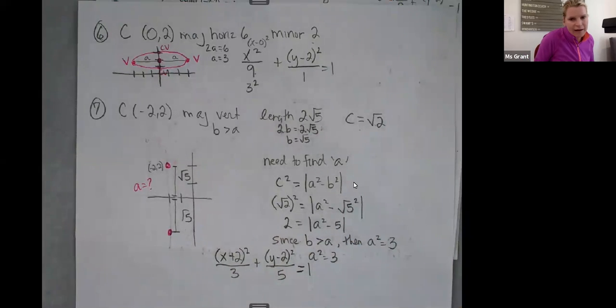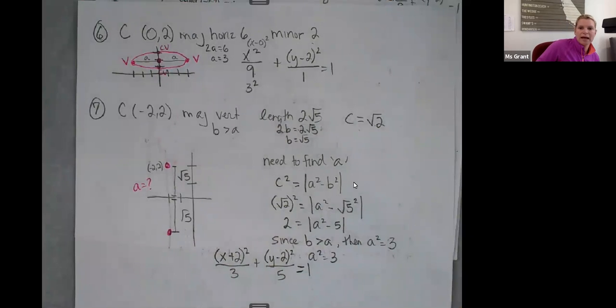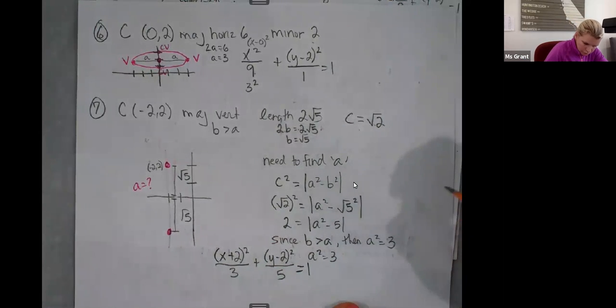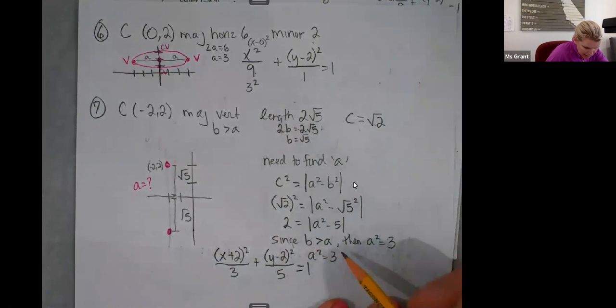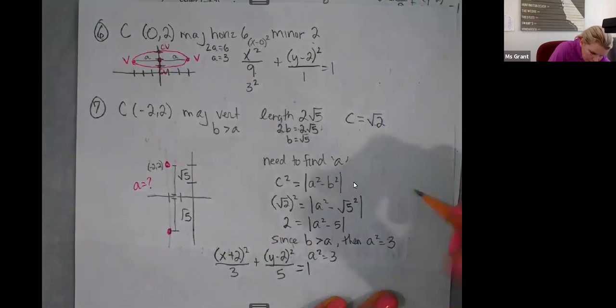Well, what minus 5 is 2? And remember, B has to be bigger than A. So since B is bigger than A, then A squared has to be 3.